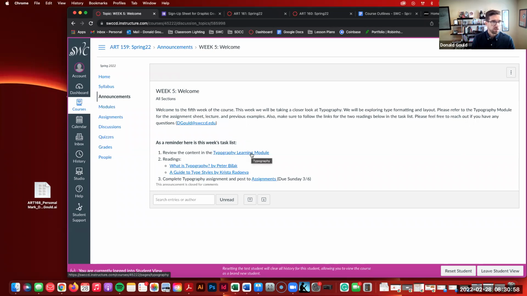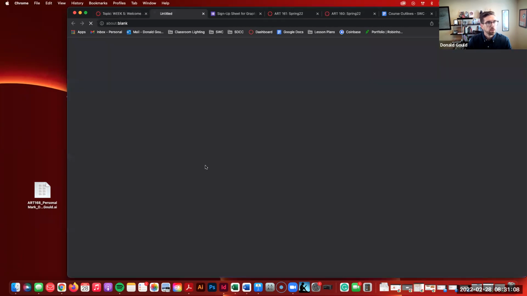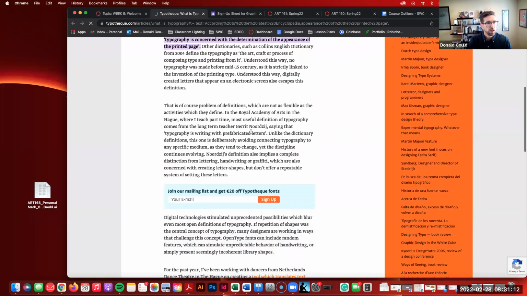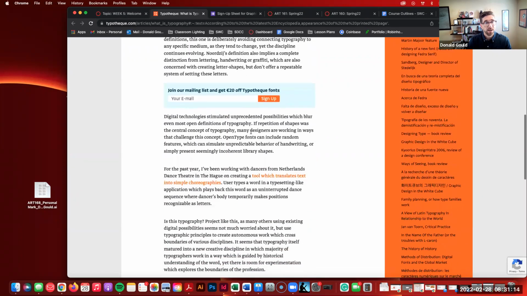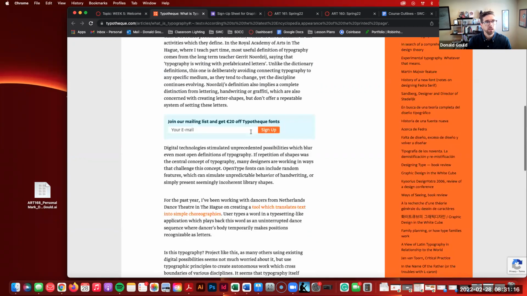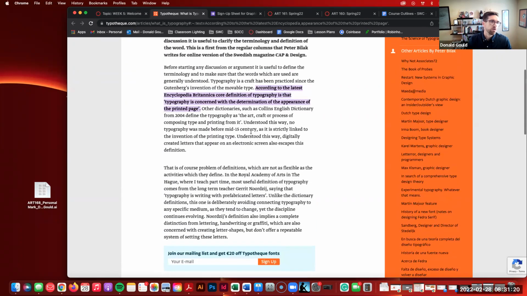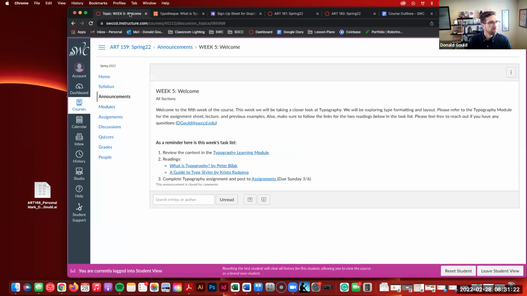There's also some readings for this week that are not out of the textbook. They're direct links to third-party websites. The first one is What is Typography by Peter Block. It's pretty short, pretty sweet. A great little write-up, looking at the concept of typography in a grander sort of picture, really, versus individual typefaces and things like that. Really interesting article.